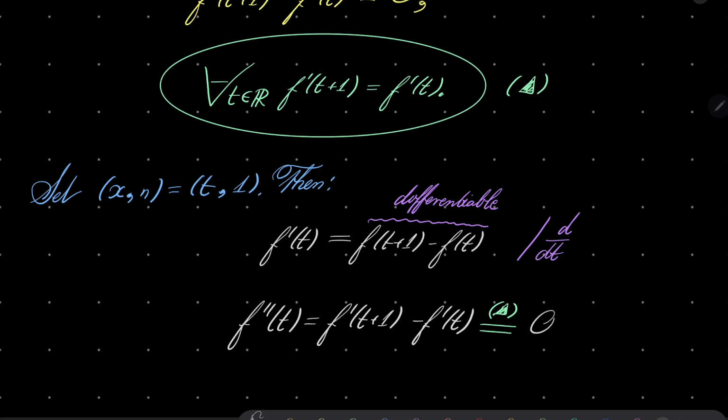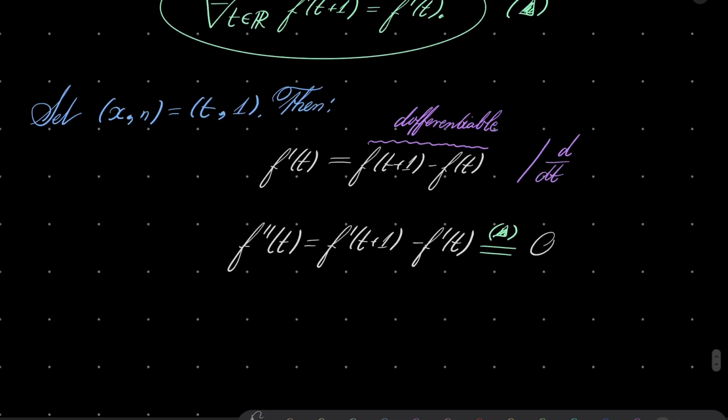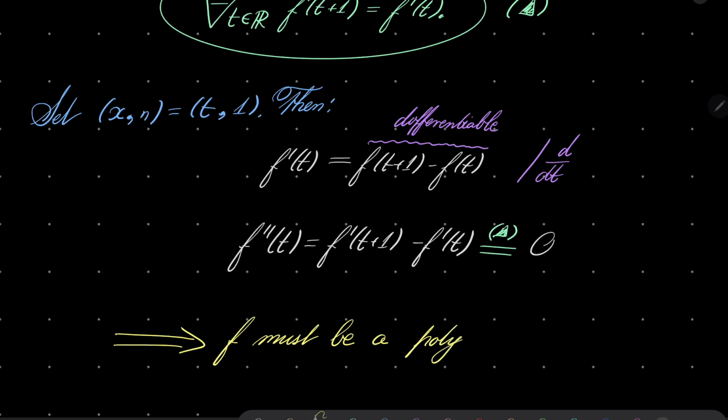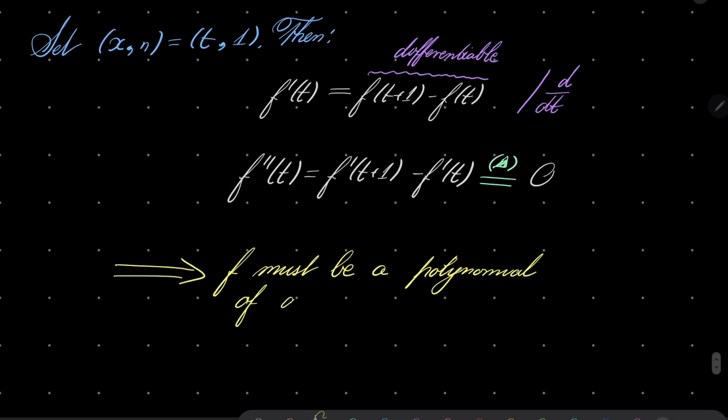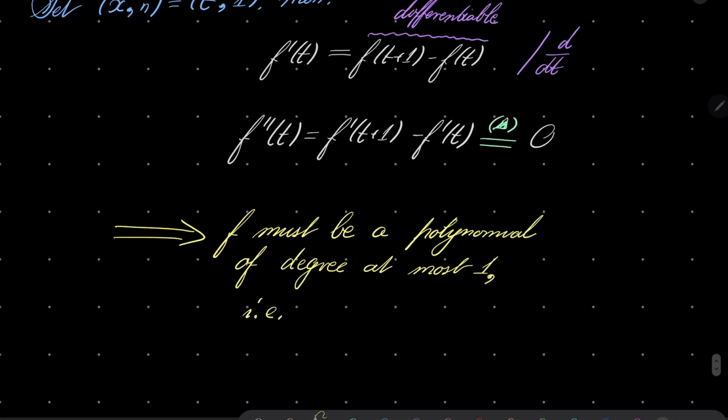So our function f is twice differentiable and its second derivative is constantly 0, which means that f must be a polynomial of degree at most 1, i.e. it must be an affine function, sorry, not linear, but affine function.